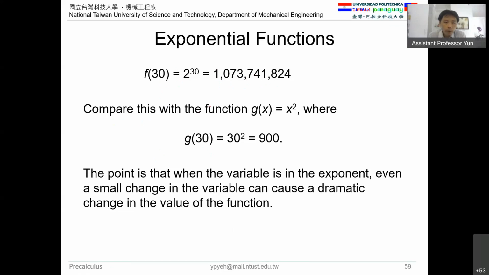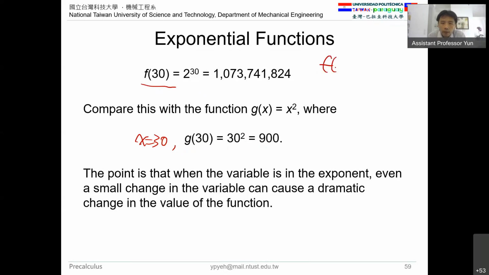And if you compare it with the polynomial function g of x equals x squared, where the x is in the base here, g of 30 when x equals 30, then g of 30 will equal 30 to the power of 2, which equals 900. Okay, so you can see the comparison with this exponential term.